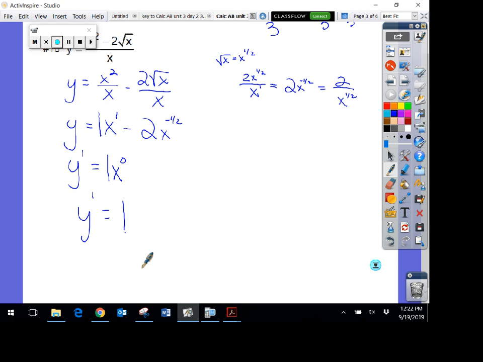All right. Then we have minus our constant. Bring down your exponent, negative 1/2. X, subtract 1. So negative 1/2 minus 1. Minus 2 over 2, negative 3 over 2.